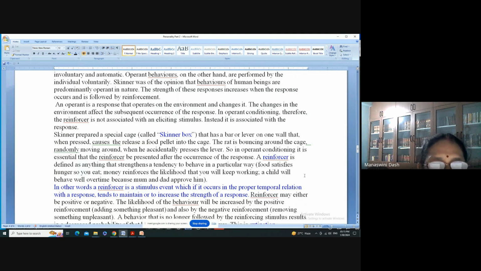Food satisfies hunger, so we eat. Money reinforces the likelihood that we will keep working. That which strengthens the tendency to act is called a reinforcer.